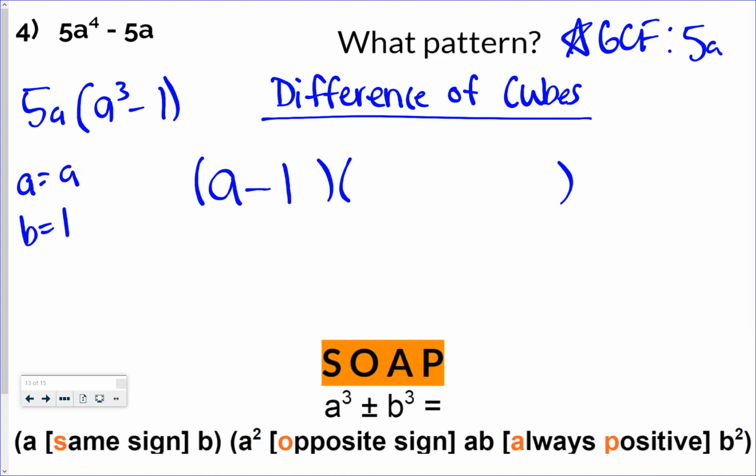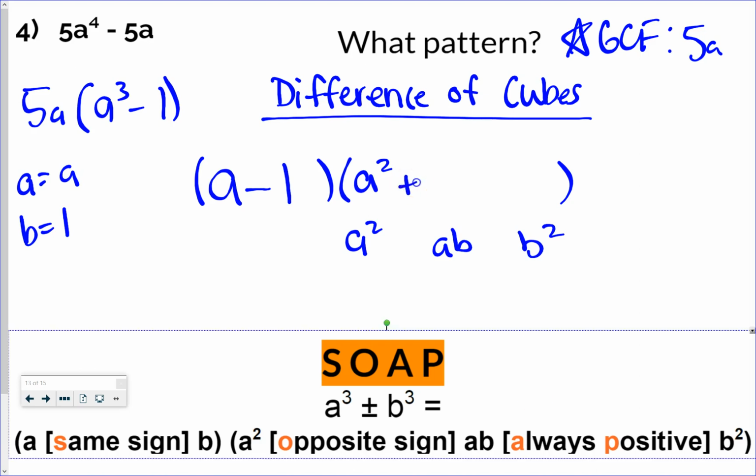All right. Now, it's always a squared, ab, b squared. So what is a squared going to be? A squared. Okay? The signs in between. The next one is going to be opposite because of SOAP. So opposite sign means it's going to be positive.